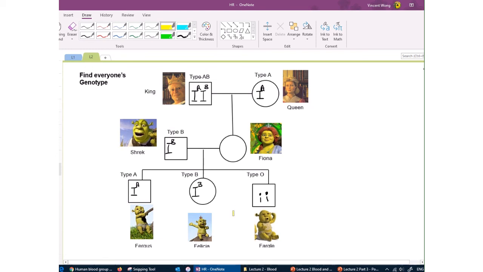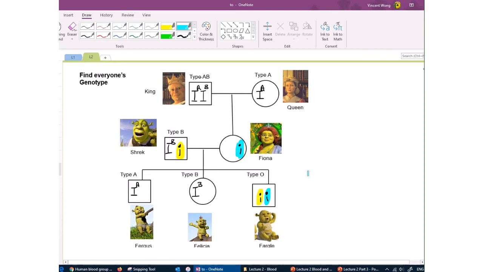Okay, so Fargo has one little i. Okay, so we know that we inherit half the genetic material from mom and half from dad. So this little i probably came from Shrek. Okay, so that's the Shrek small i. And then the other small i must have come from Fiona. Okay, so now we know half of Fiona's genetic makeup.